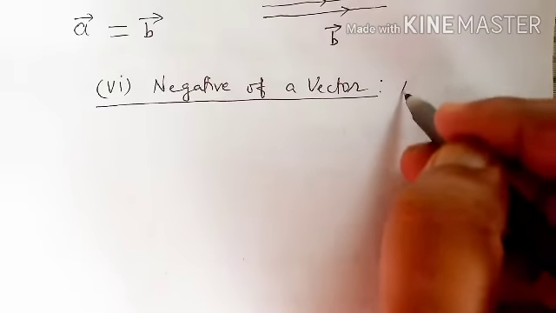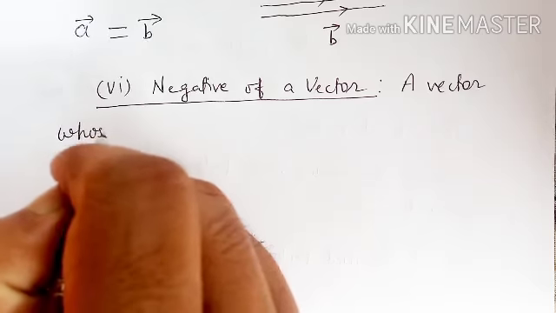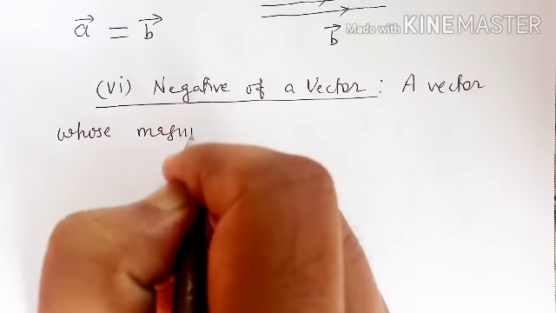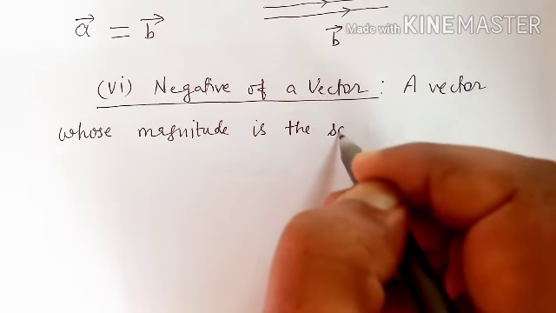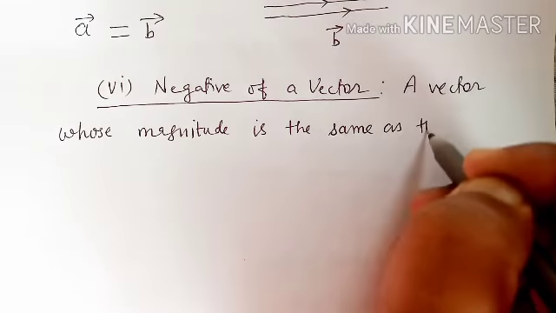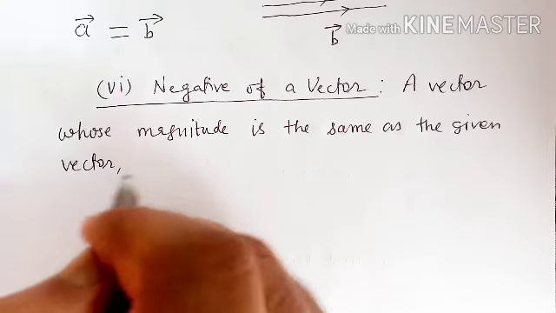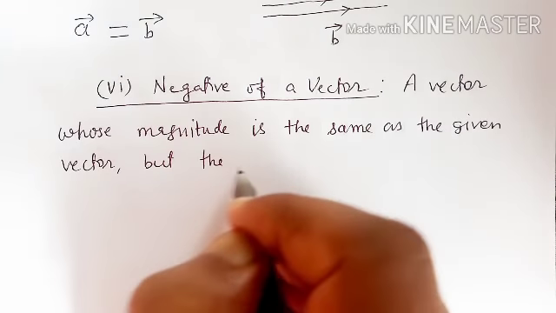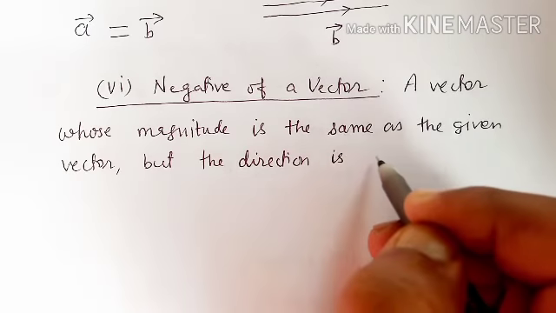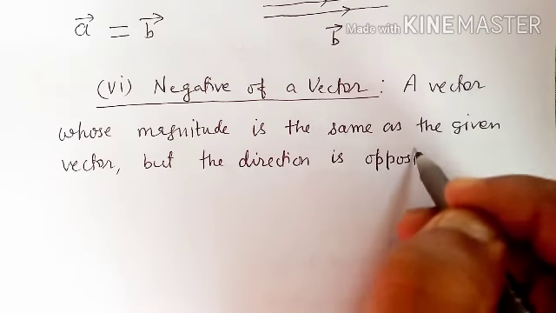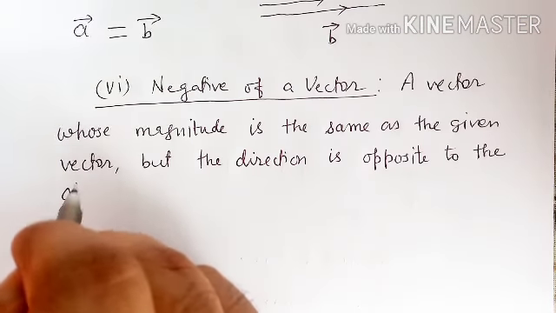Negative of a vector: a vector whose magnitude is the same as the given vector but the direction is opposite to the given vector.